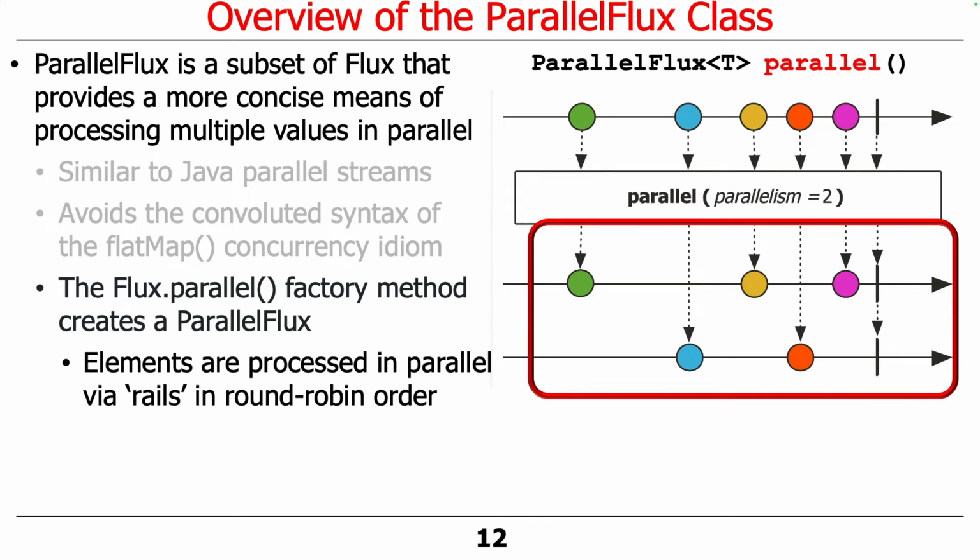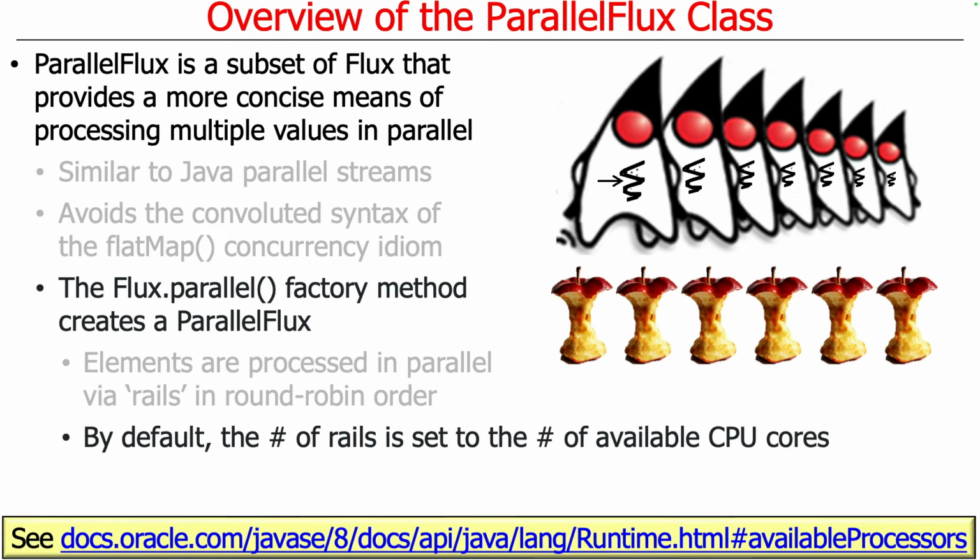You can see that you can either give it the number of rails, like say 2, or you can just leave it with no parameters, in which case it'll pretty much default to the number of cores available on the processor. And then the elements that flow through the ParallelFlux will be processed by the rails, by the threads, in so-called round-robin order. You don't really have much control over how this works. It's just an implementation artifact you have to live with.